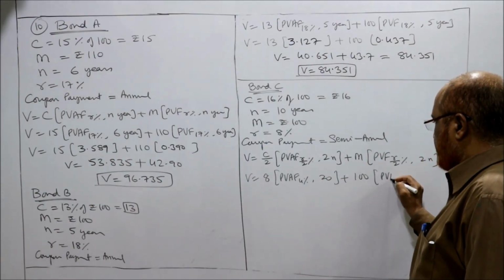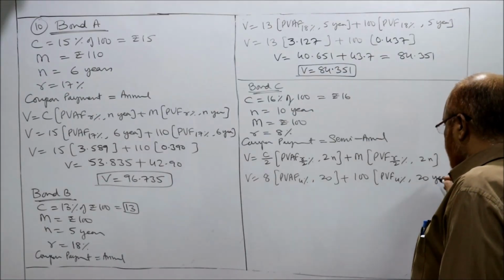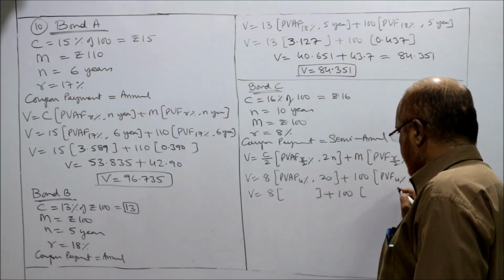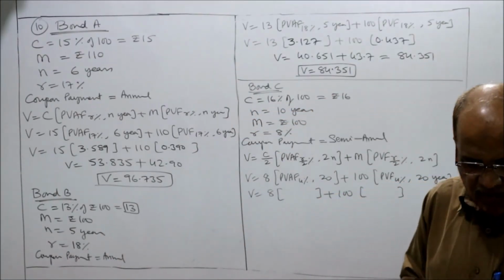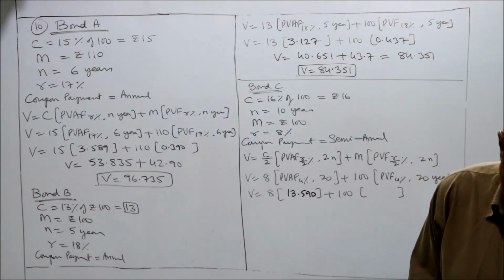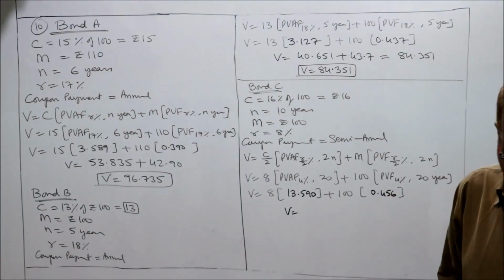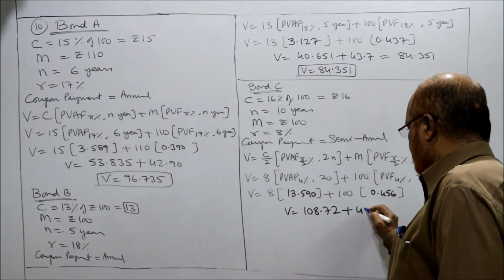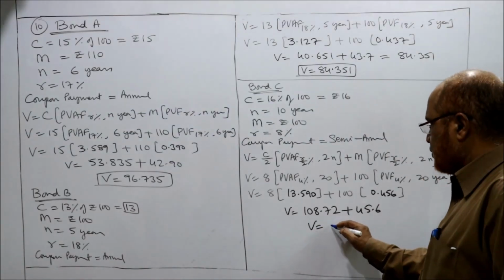Maturity value 100, PVF 4%, 20 years. So 4%, 20 years, 13.590 and 0.456. 108.72 plus 45.6, 154.32.